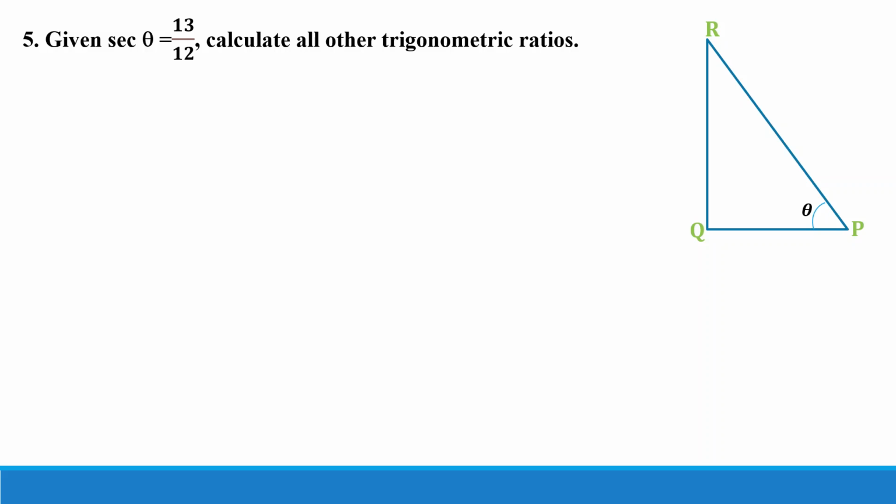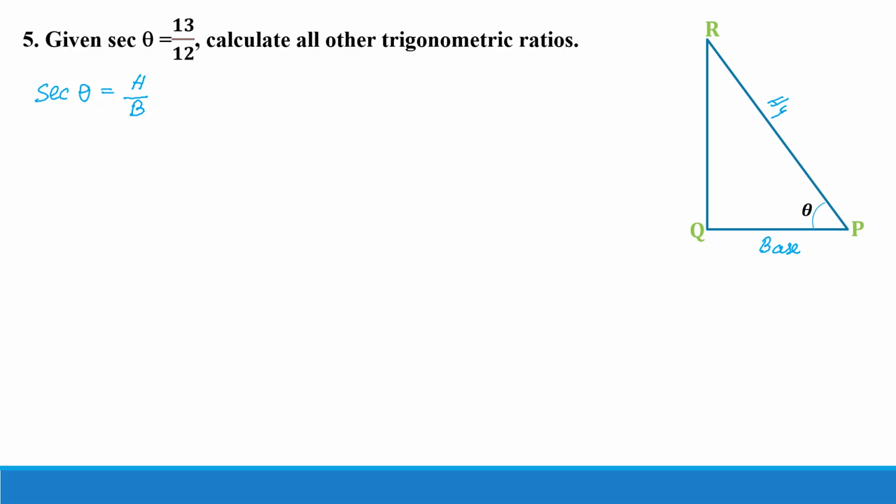We know that the value of sec theta belongs to what? I hope you all must now be aware that sec theta is the reciprocal of cos theta. Cos theta was base upon hypotenuse, so it will be hypotenuse by base. For this angle theta, this side will act as base.